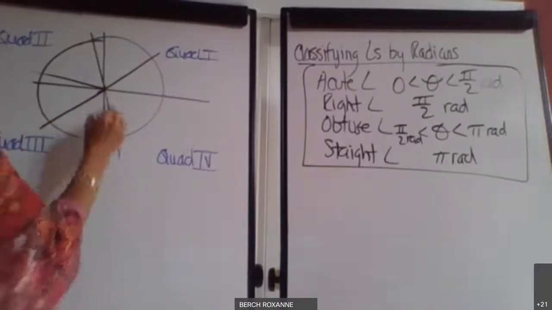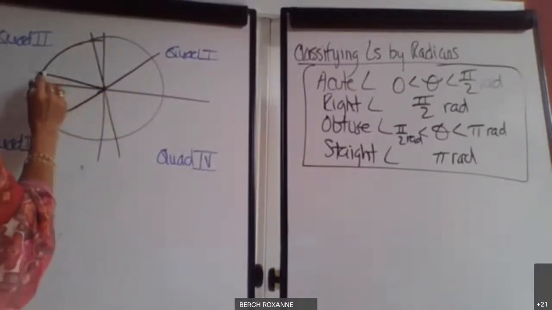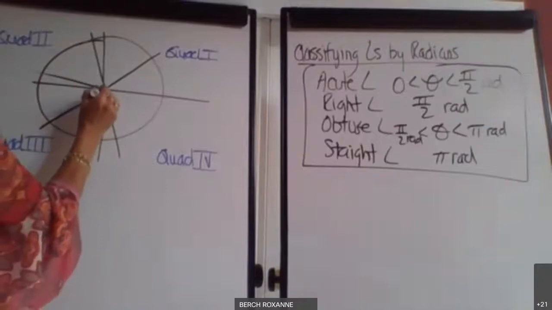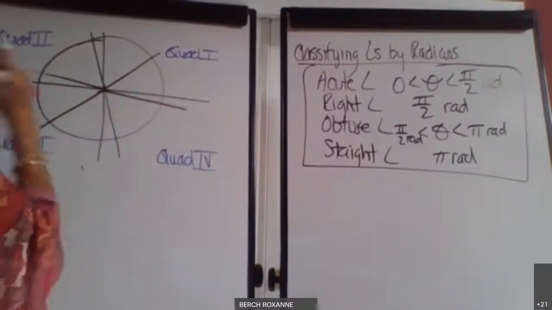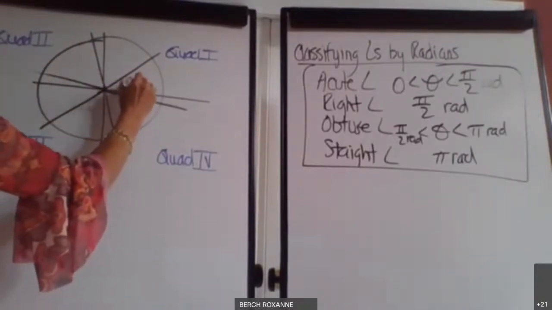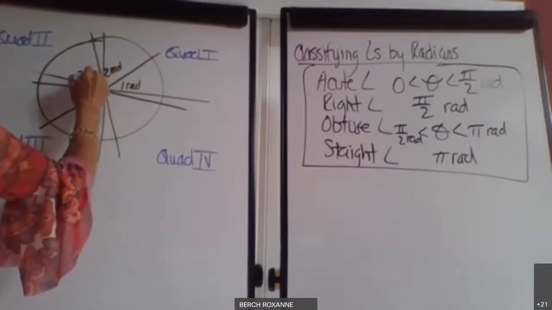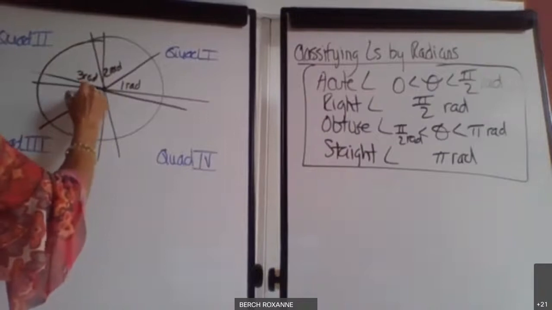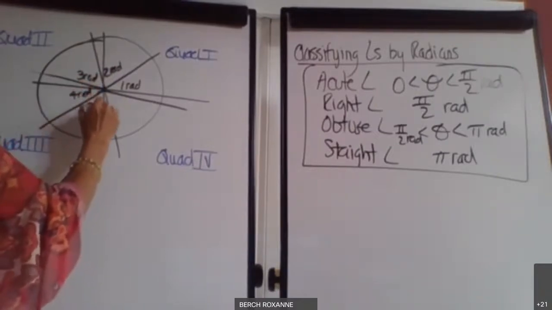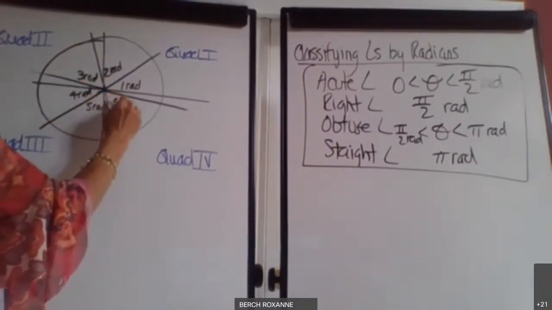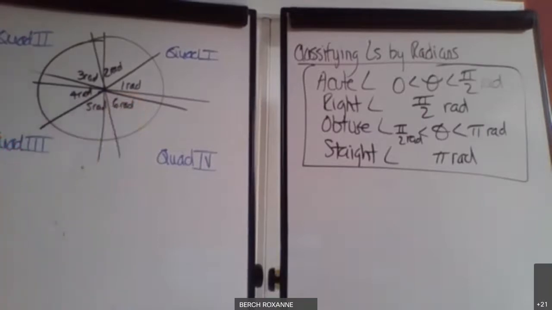Five radians, 6 radians. So this would be 1 radian, 2 radians, 3 radians, 4 radians, 5 radians, 6 radians, plus a little bit more.